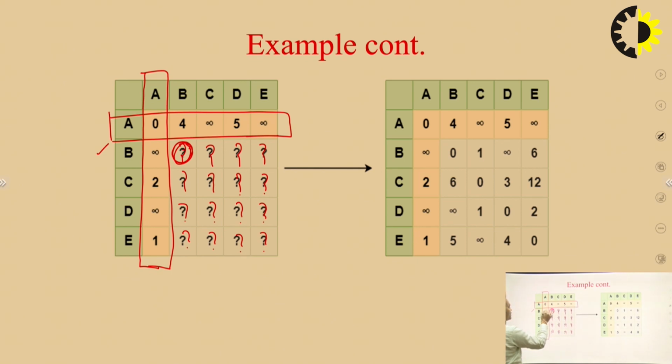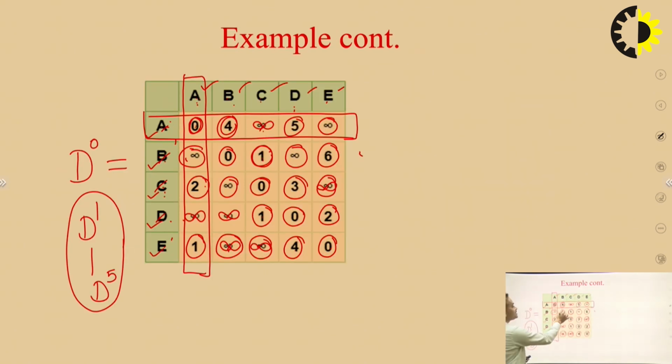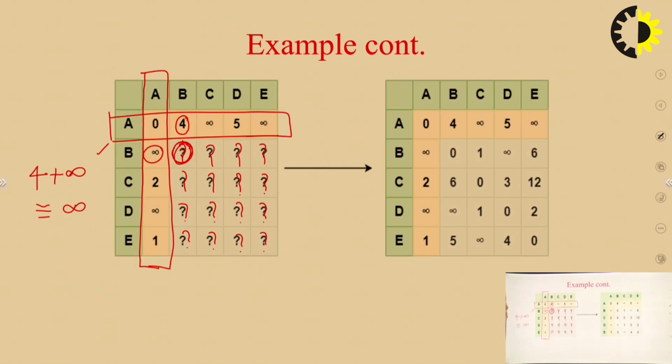First, we take this infinity, then vertical, this is the 4. 4 plus infinity gives infinity, and the previous value of this cell is 0, and the calculated value of this cell is infinity.